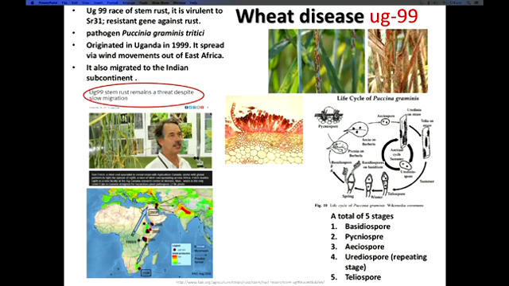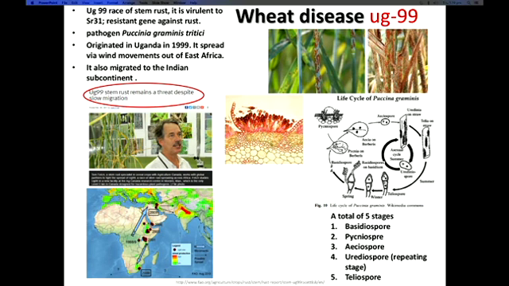And the wheat disease UG99, I think many of you already heard about that. Anybody have any idea what it is, UG99? Okay, UG means Uganda. This disease appeared long before, but in Uganda, since 1999, it appeared in an epidemic way. Why? Because SR31, see on top, SR31 was considered a resistance gene for this pathogen, but the pathogen was breaking that resistance gene.